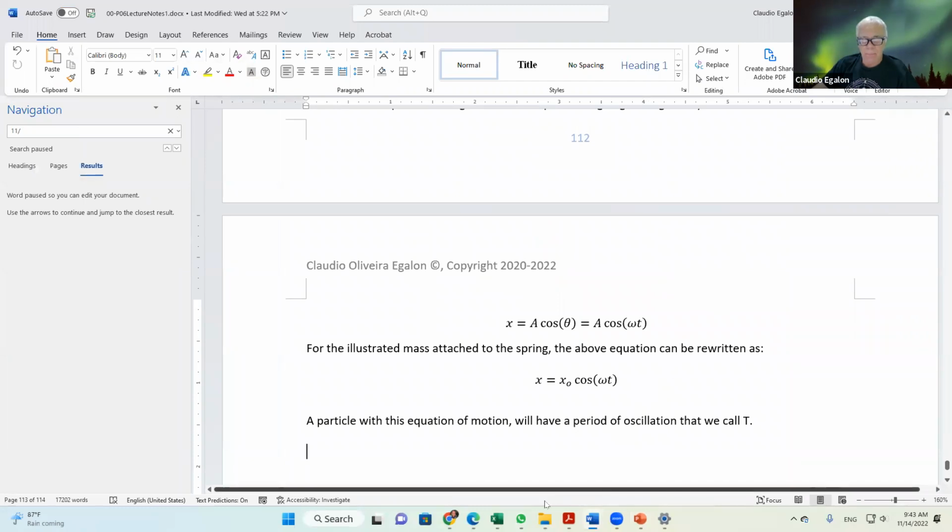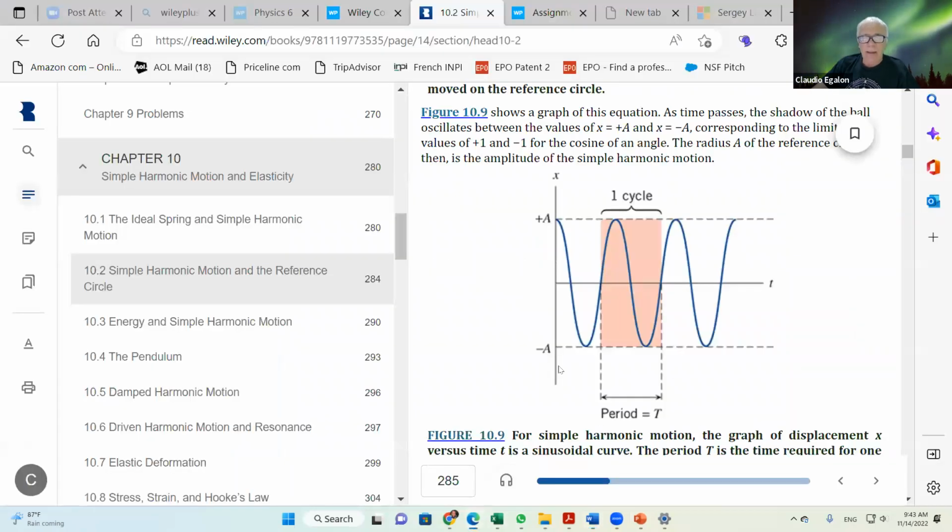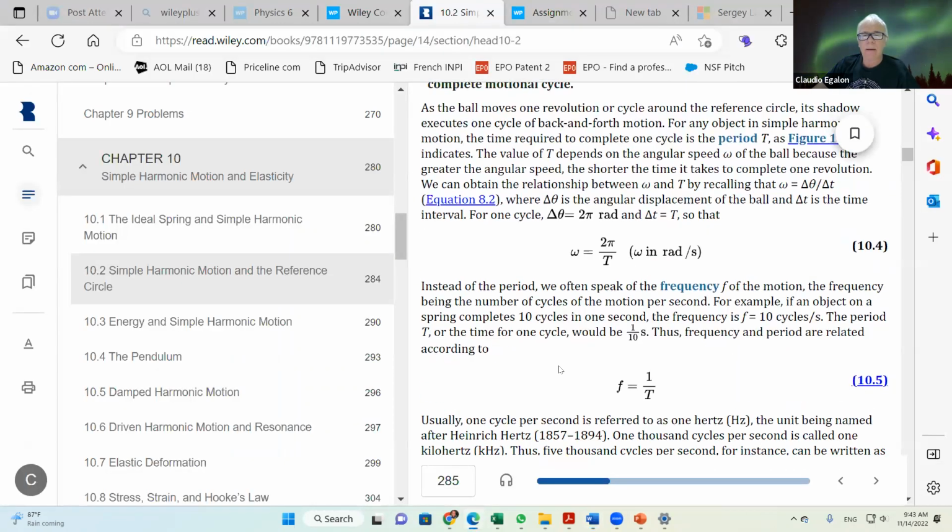Okay, so how does the period of oscillation relate to this omega factor that I put there in my equation, right? There's a relationship between those two, okay?